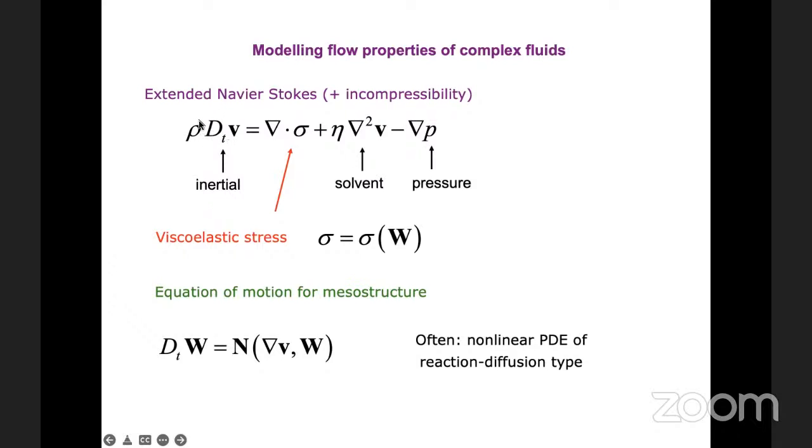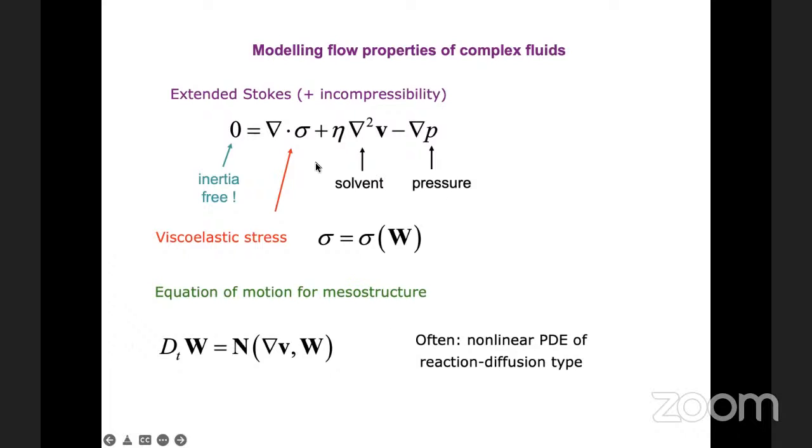And that nonlinearity v dot grad v that's hiding in this term here is the one that gives rise to funny transitions like turbulence. Now here we've set that term to 0, so you might say, well, therefore we don't expect any transitions in complex fluids because that nonlinearity is gone. But of course here there's a whole extra source of nonlinearity, which is the way that the mesostructure responds to the flow and how that feeds into this force balance condition here.